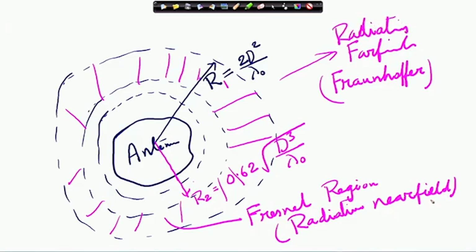So, this is the radiating near field, this is the Fraunhofer region, and very near to the antenna is the remaining region. All this region is actually the near field region.